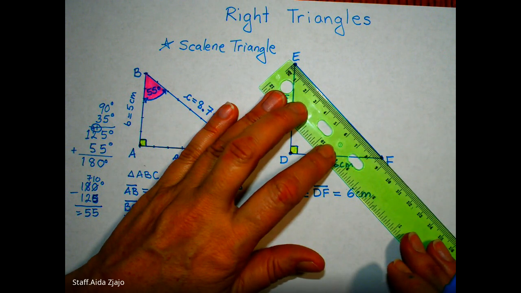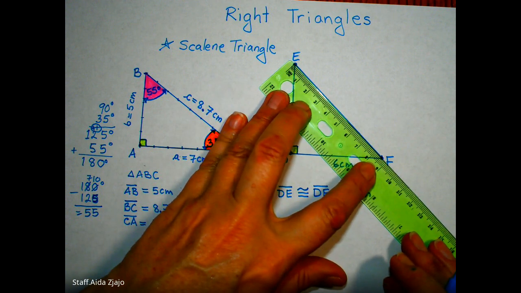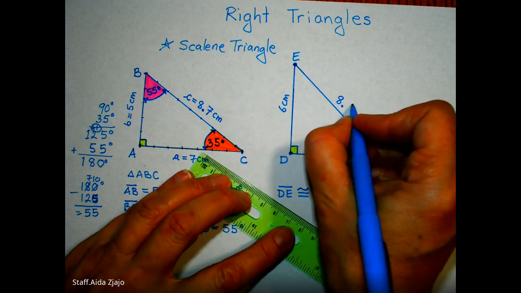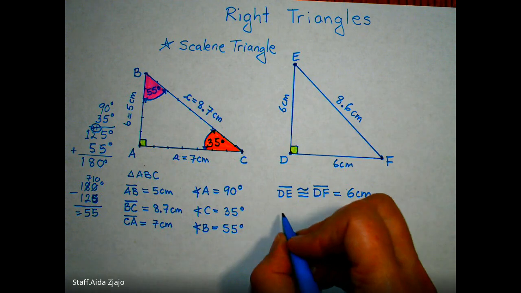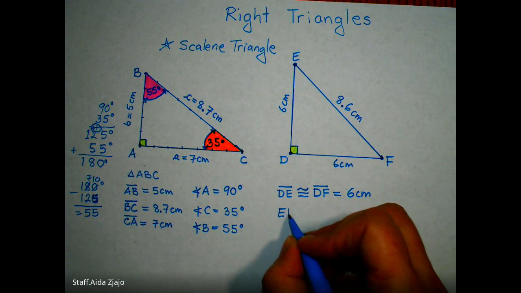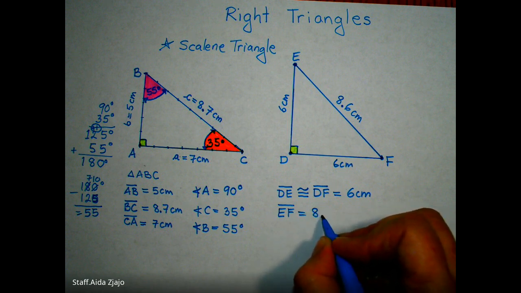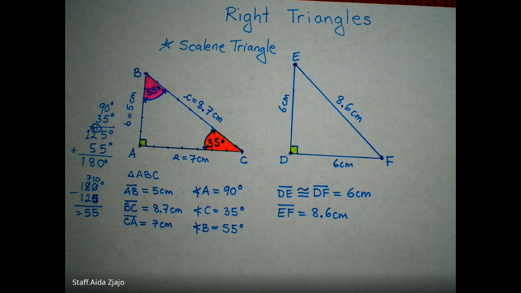Could be 8.8. Say 8.6. I'll take 8.6 centimeters, about. Okay. So we can say that line segment EF is equal to about 8.6 centimeters, depending on what precision I have.